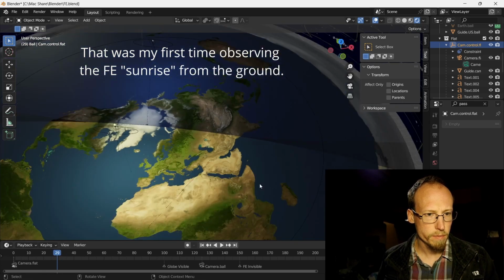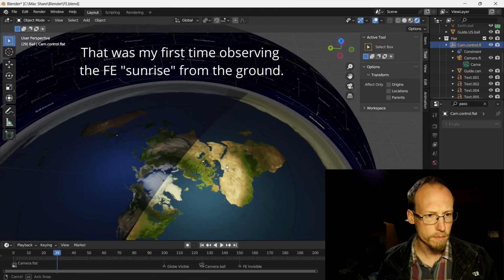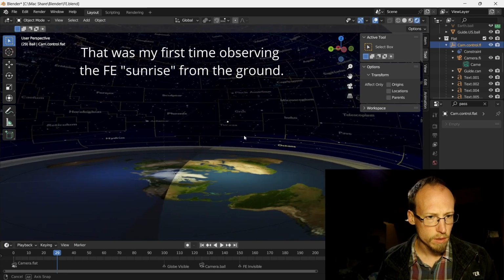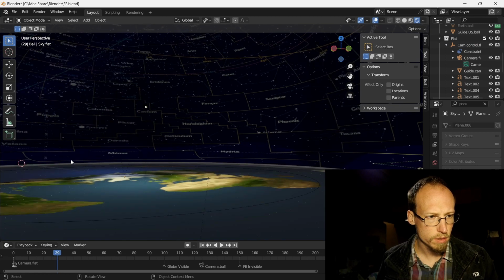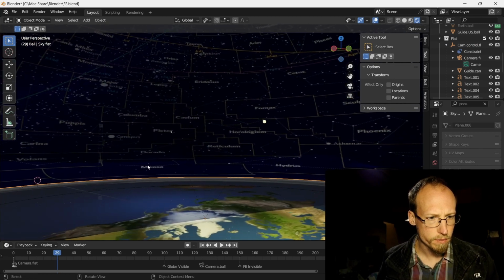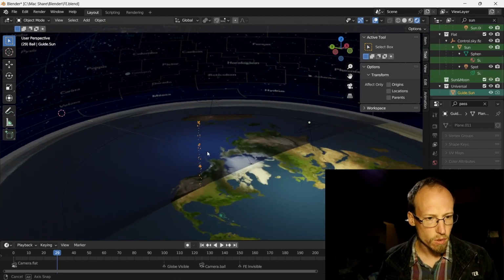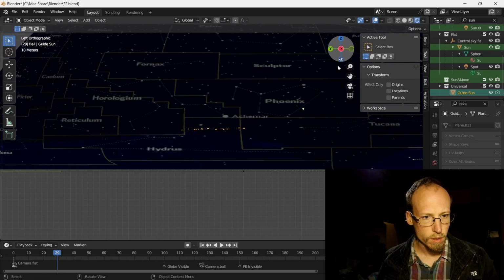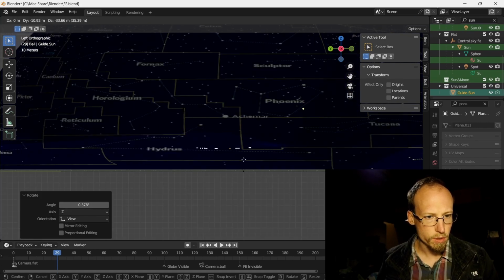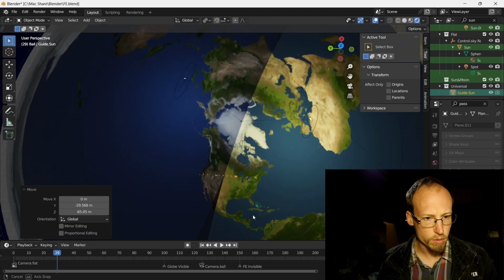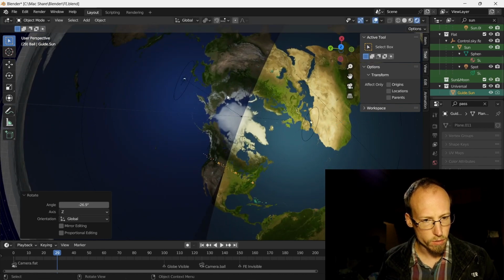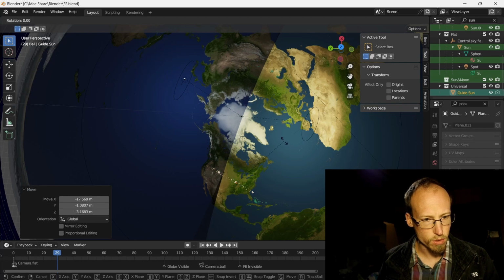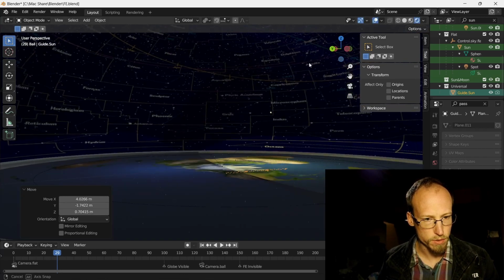So the United States is roughly, where's that guy? Yeah. So let's try to keep this level here and put it roughly there. Okay, so this is just to show that this is approximately 3,000 miles.